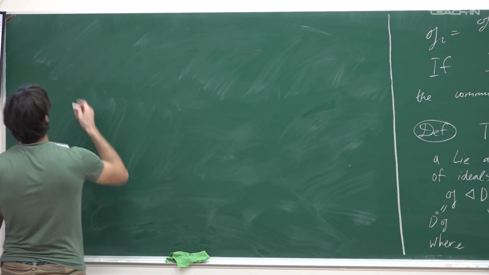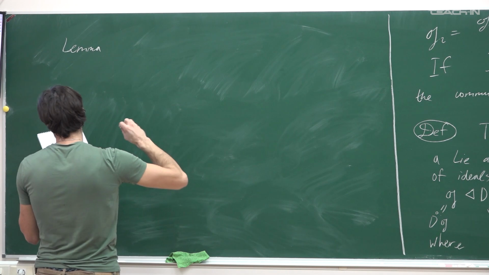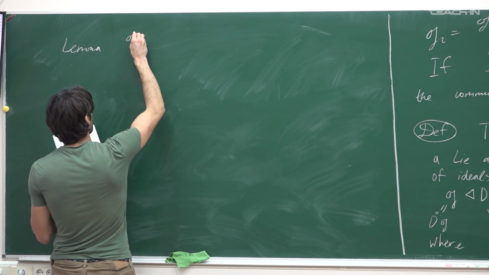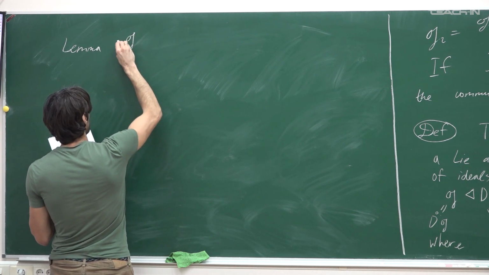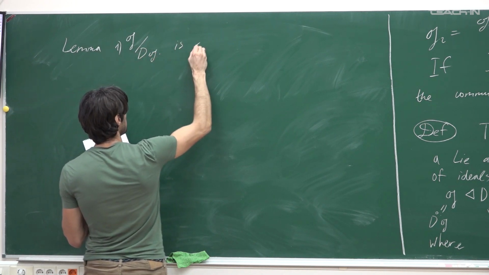So let's prove the following lemma that we will use from time to time. First of all, G over DG is abelian.